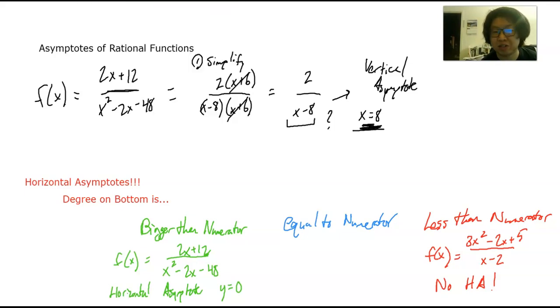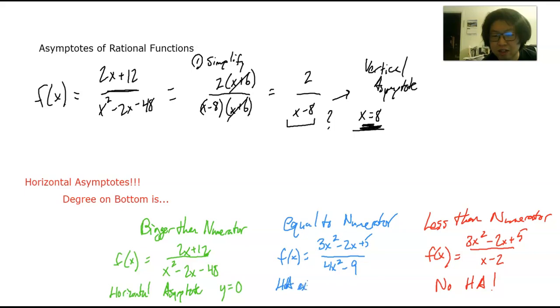Now the last one here is the tricky one. So pay attention to this one. If you have an equal degree on both top and bottom, here's a random example for you. I'm going to say 3x squared minus 2x plus 5 one more time, but instead of having x minus 2 on the bottom, I'm going to put 4x squared minus 9. How's that? Well, degree on the top is 2, degree on the bottom is 2 as well, so they're equal. Then you have a horizontal asymptote.